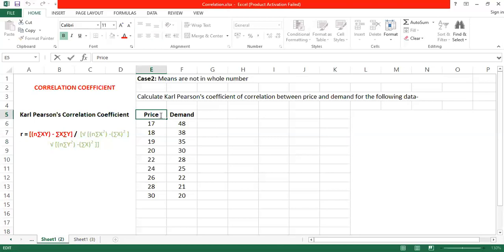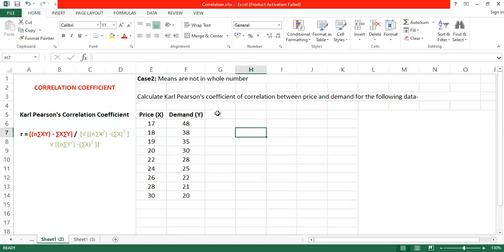See, price is my first variable. I'm naming it as X. Demand is my second variable. I'm naming it as Y. Fine. Now what we require is XY. How to get this XY? Multiply each X with Y, right?